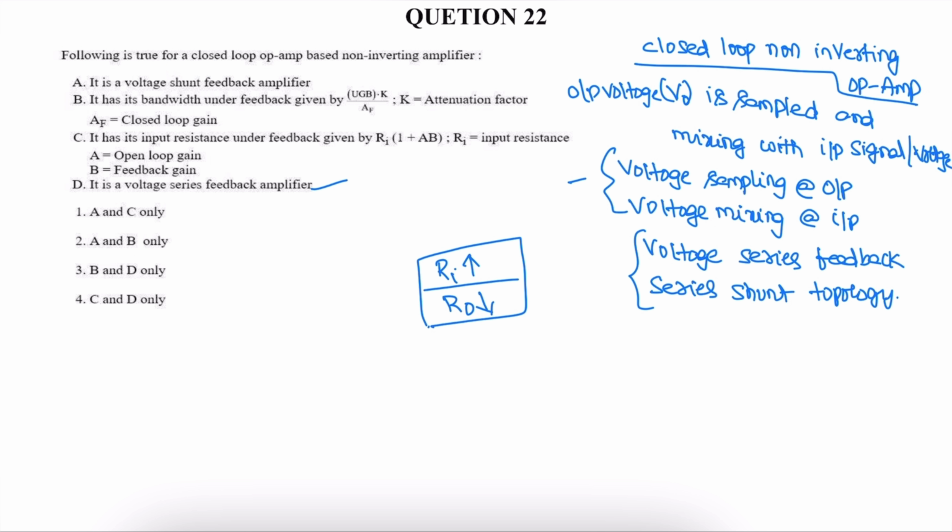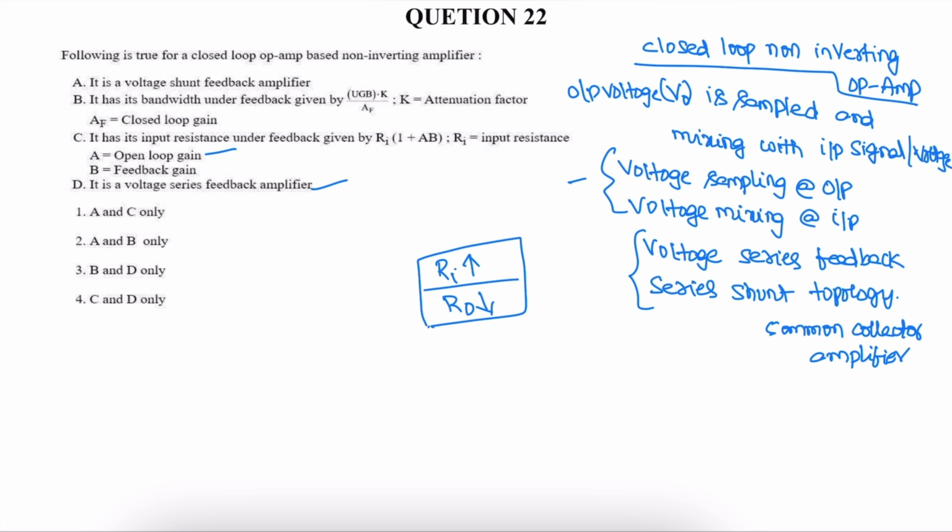Input resistance is increased, so statement C is correct. Next, one more example is common collector amplifier. Common collector amplifier is also an example for voltage series feedback.